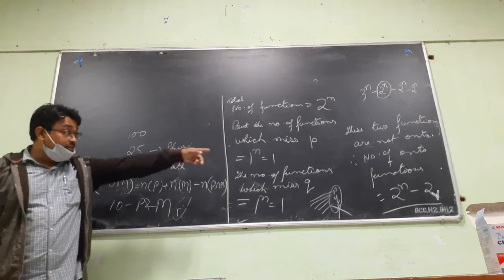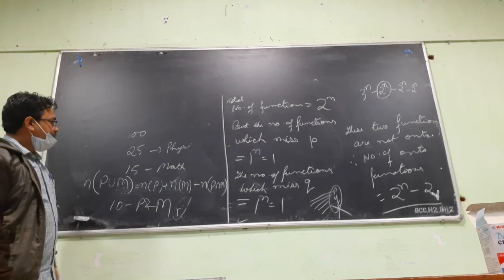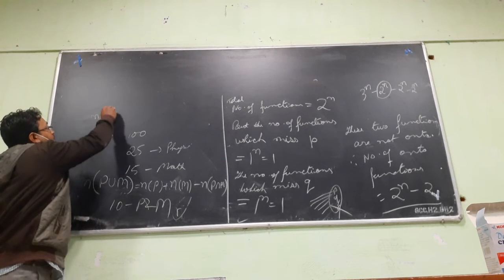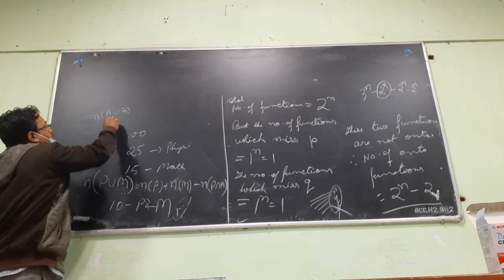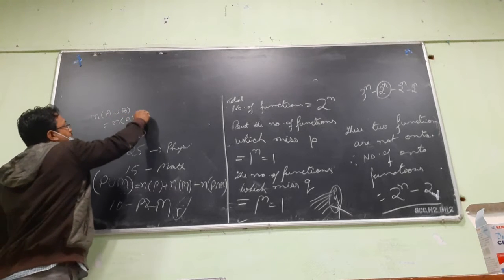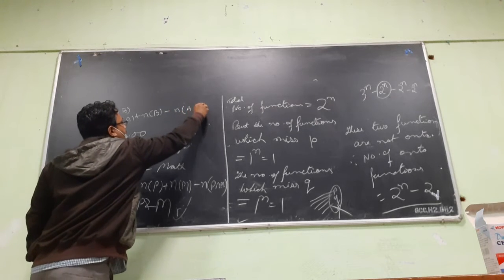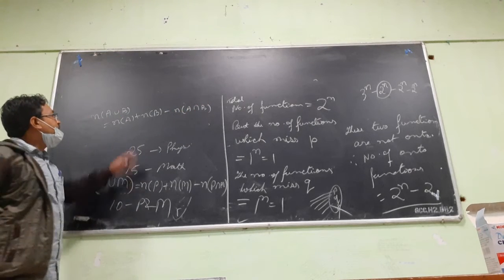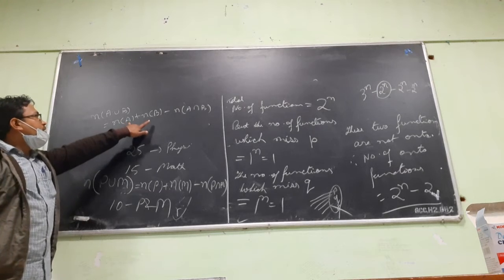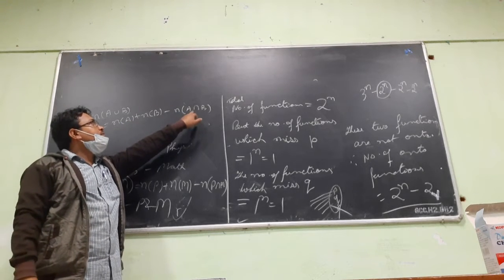The same concept applies here. The number of elements of A union B is the number of elements of A plus the number of elements of B minus the number of elements of A intersection B. So the things that are counted twice have to be adjusted.